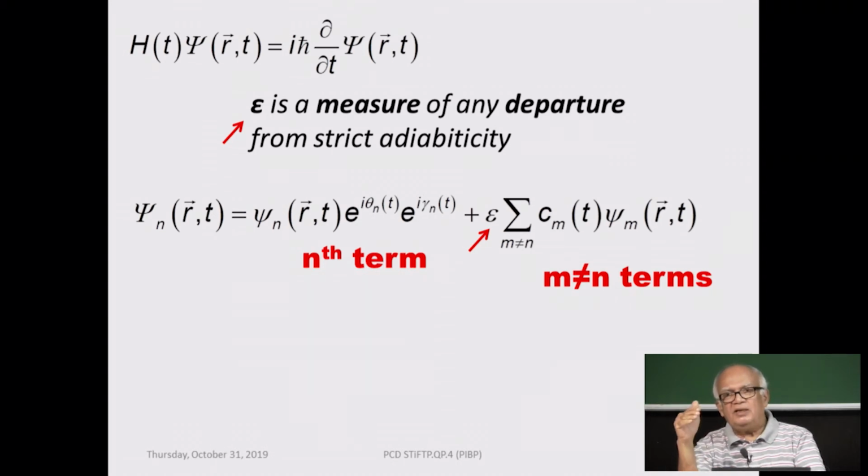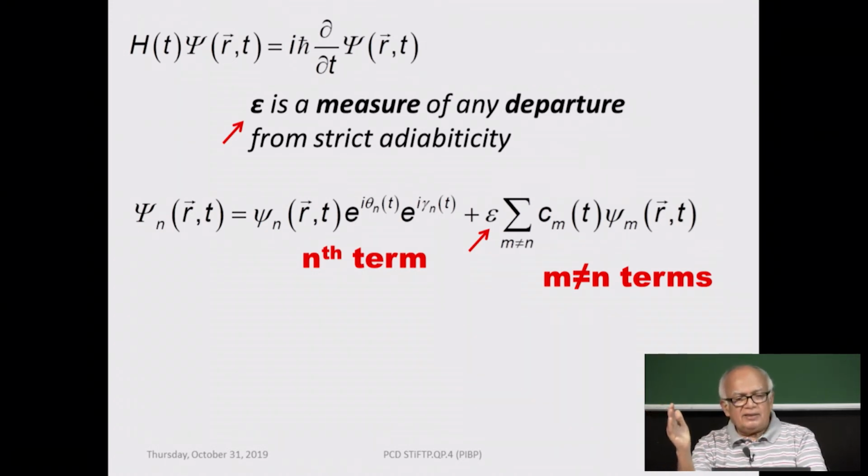Okay, we have assumed that it is a strict adiabaticity, but if it is not, there is a slight departure from strict adiabaticity, and that is measured by a tiny parameter. You can call it a perturbation parameter kind of thing, which is a measure of departure from strict adiabaticity.